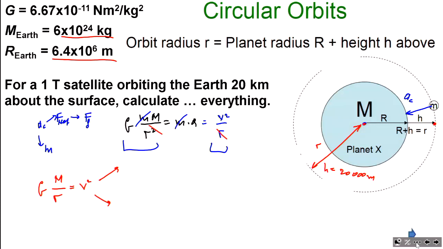First, we can calculate immediately the kinetic energy of the satellite, because kinetic energy equals mv squared over 2. Second, we can calculate that speed. Just take a square root of this, right? So what do we want to explore first?